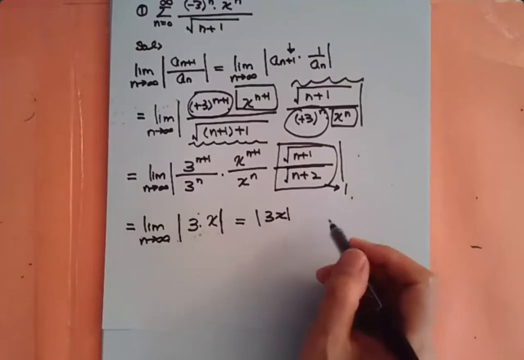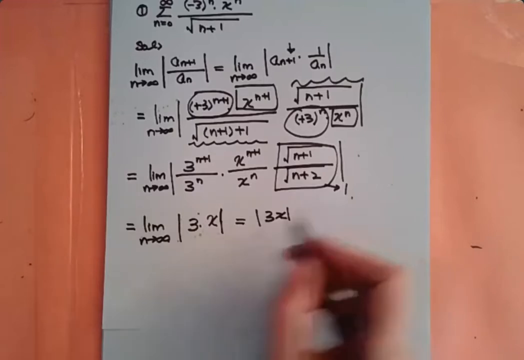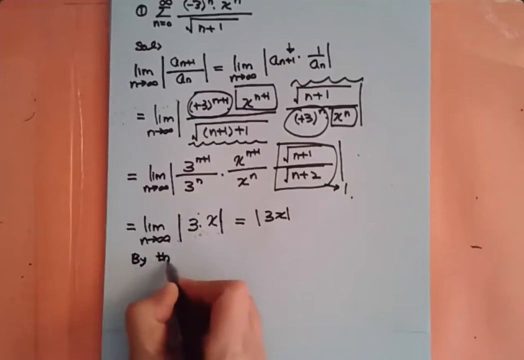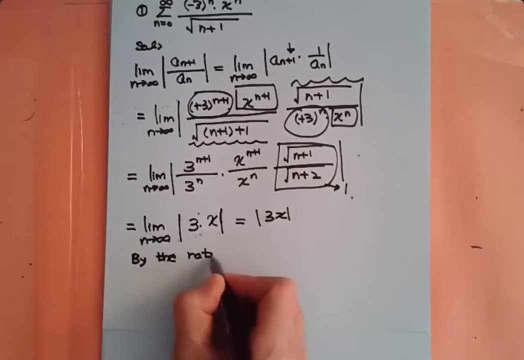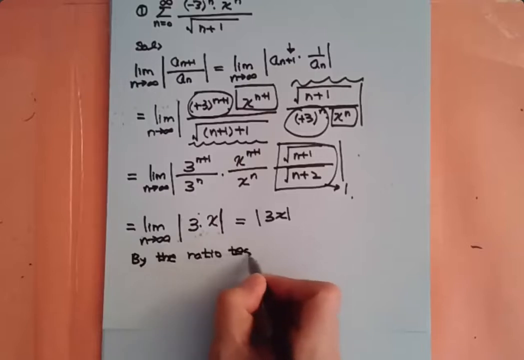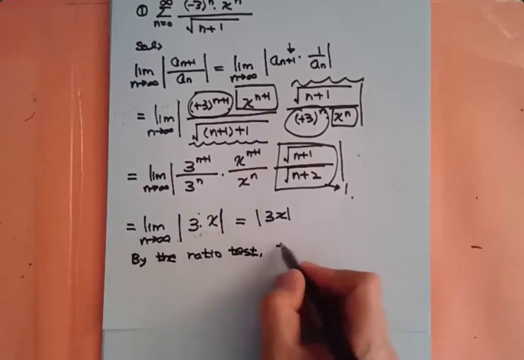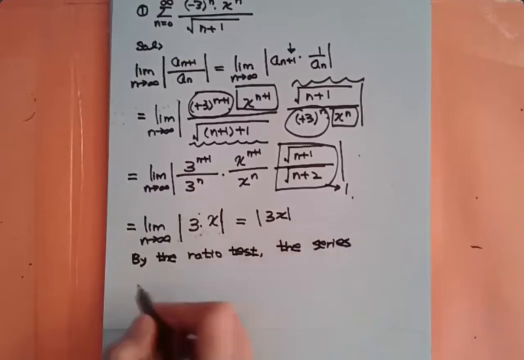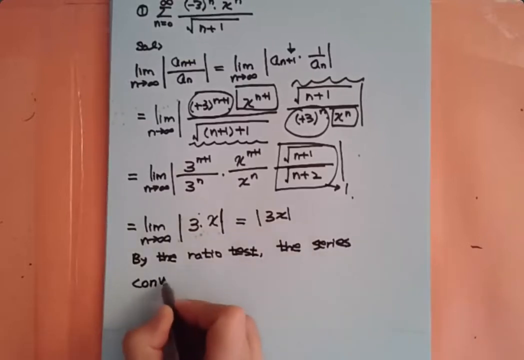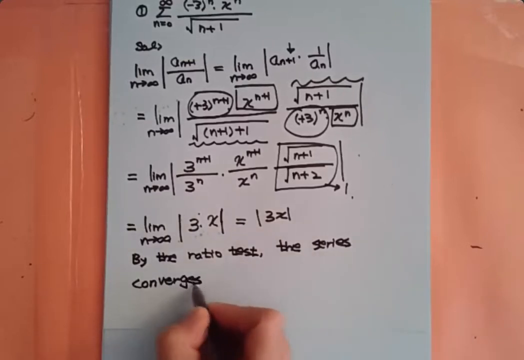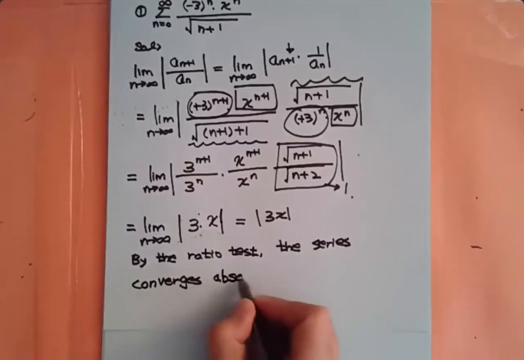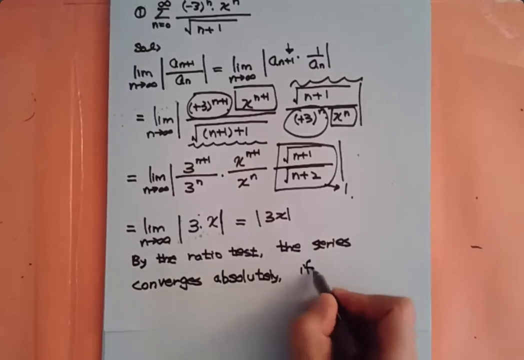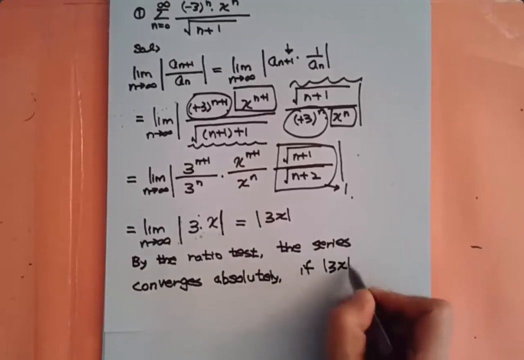So by the ratio test, the series converges absolutely if the absolute value of 3x is less than 1.